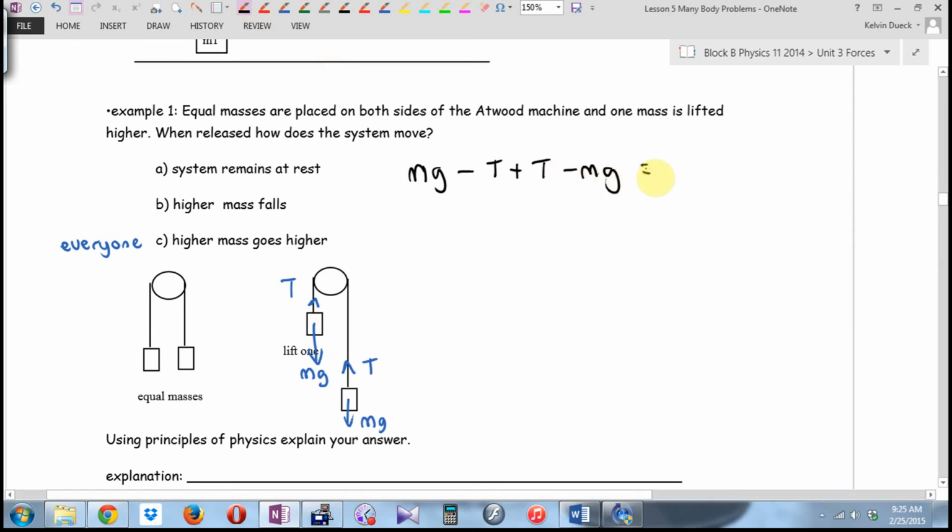So we'd have this equals, have we looked at more than one mass? Yeah, it equals m1, since both masses are the same, how about 2m times A? Right? Oh, what else are you seeing there on the left?